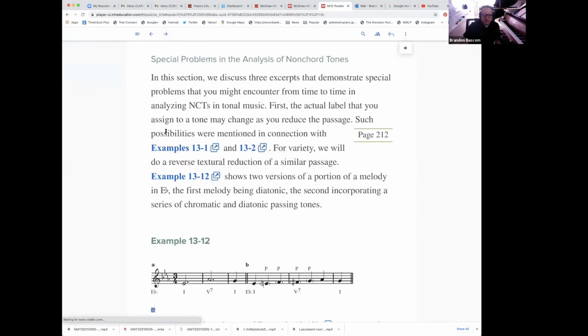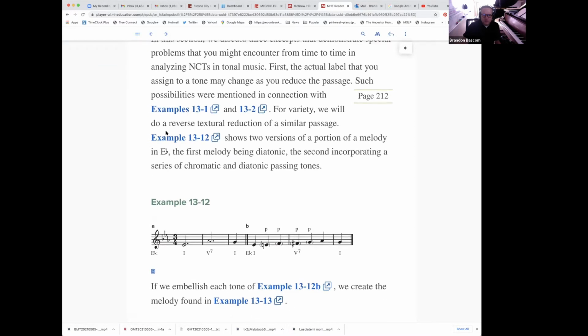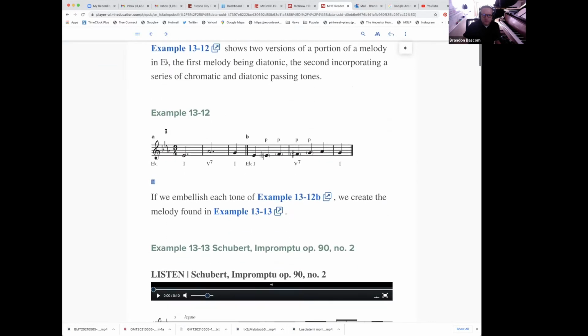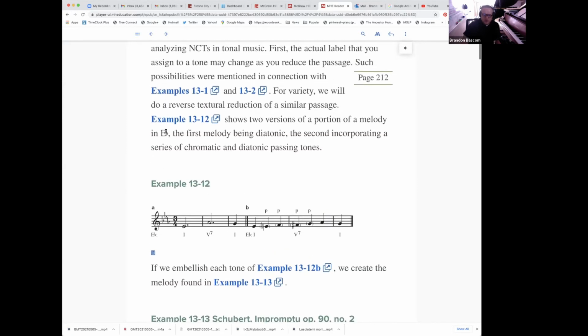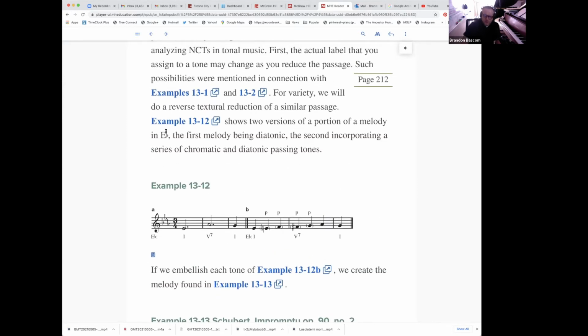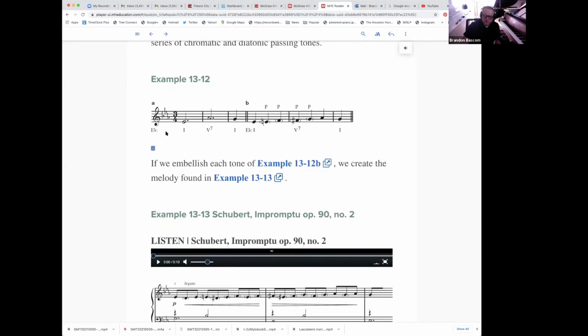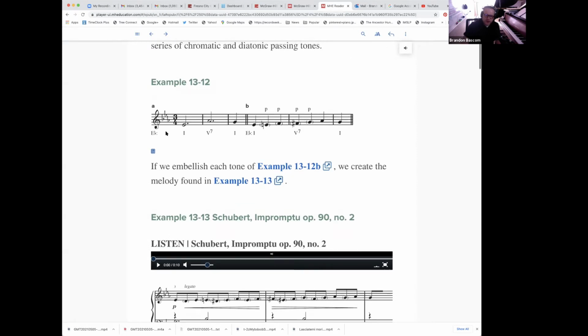Special problems. You can have chromatic passing tones.